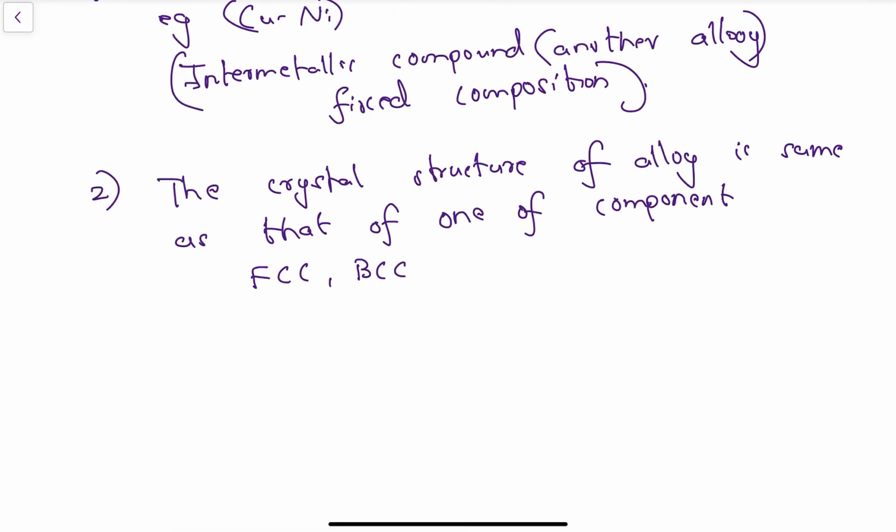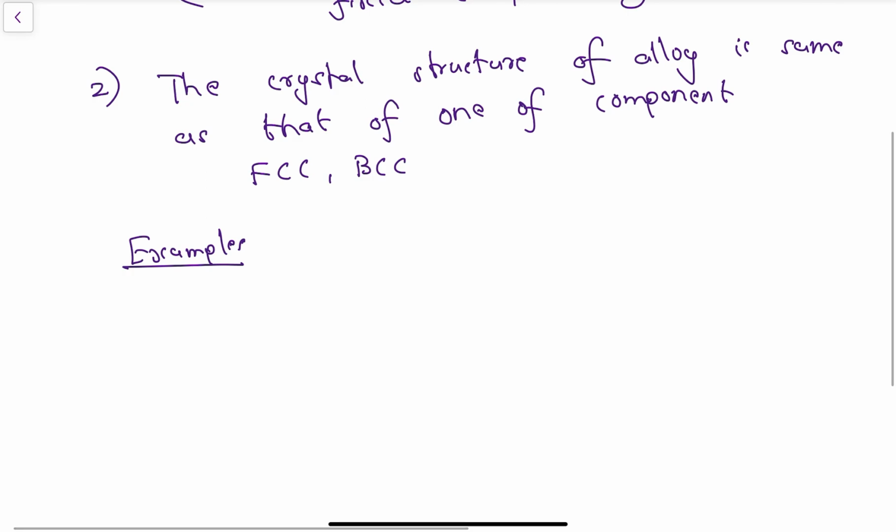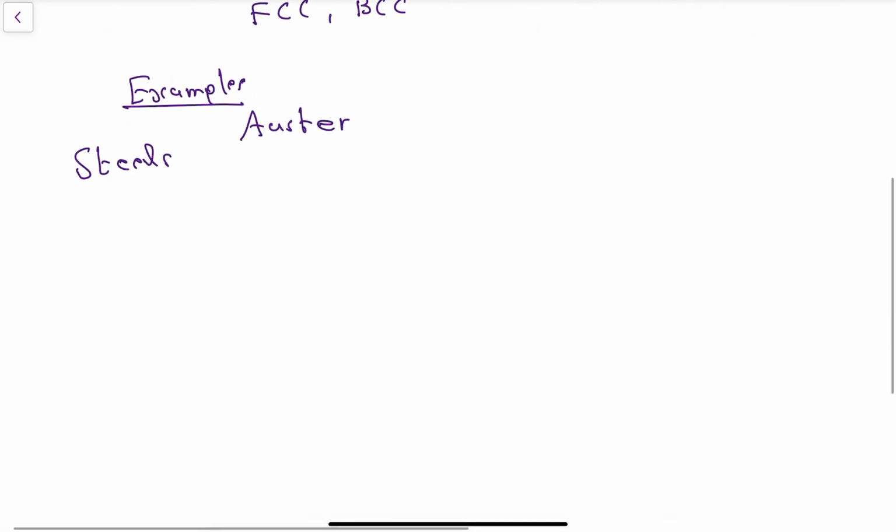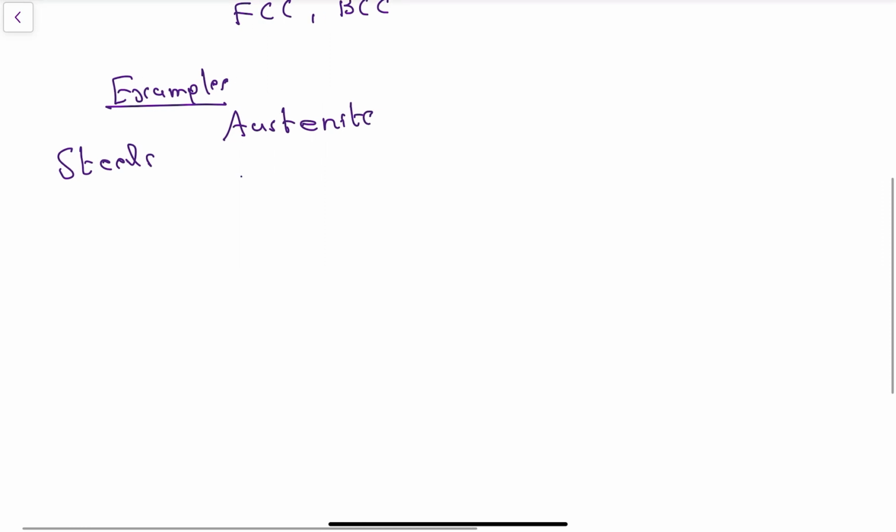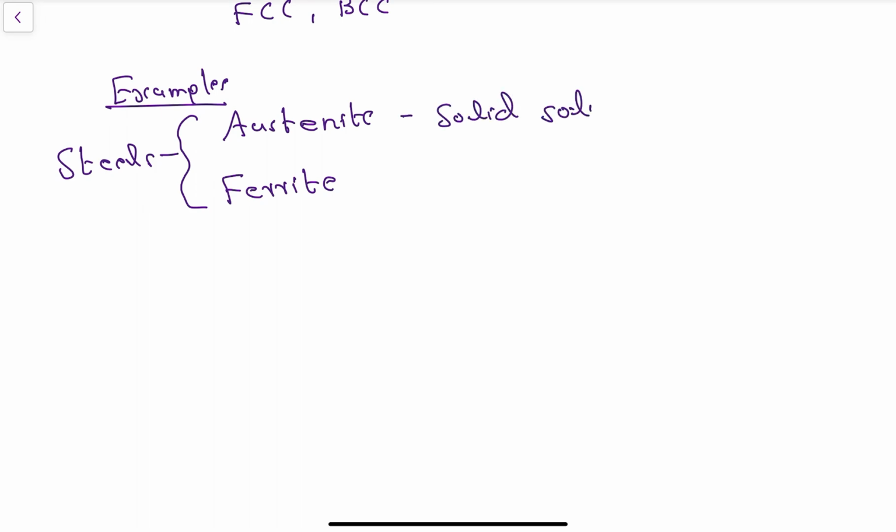Let us look at some common examples of a solid solution. First, in steel, you have two solid solutions. The first one is austenite, and then you have ferrite. Austenite is a solid solution of carbon in gamma iron or FCC iron. Iron exists in two phases.